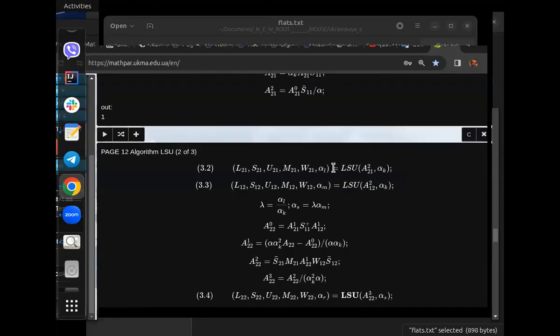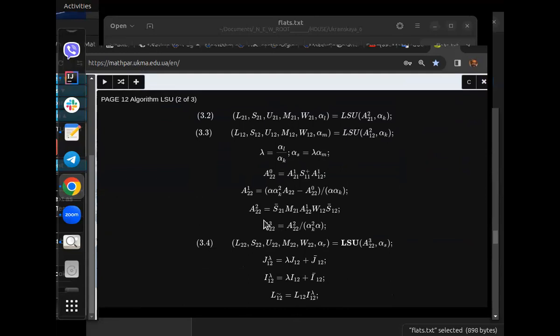All these calculations may be done simultaneously, in parallel form. They are independent one from the other. And if we obtain such blocks in this decomposition, then we can compute these additional blocks using just multiplication operations of the matrix and division by a number.